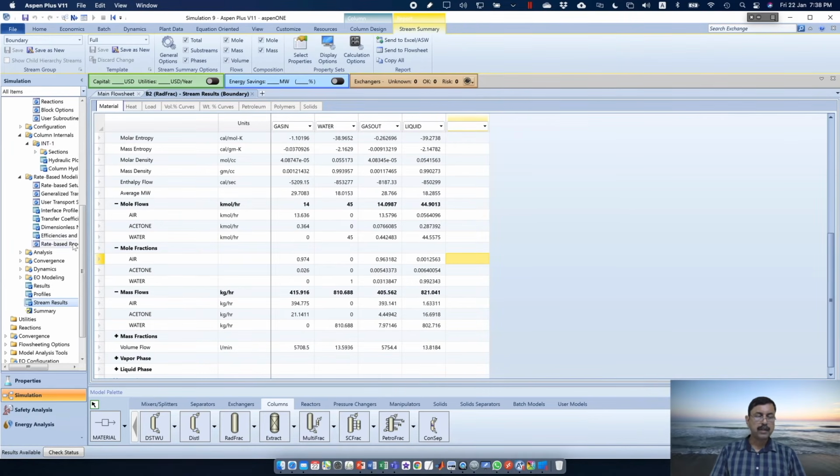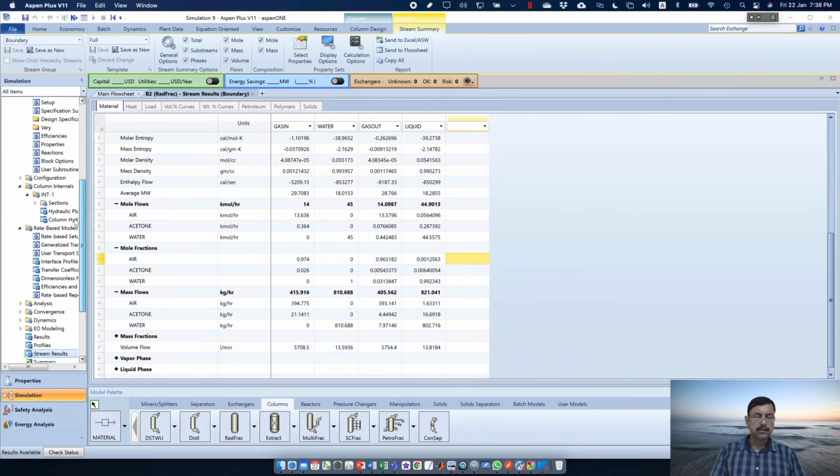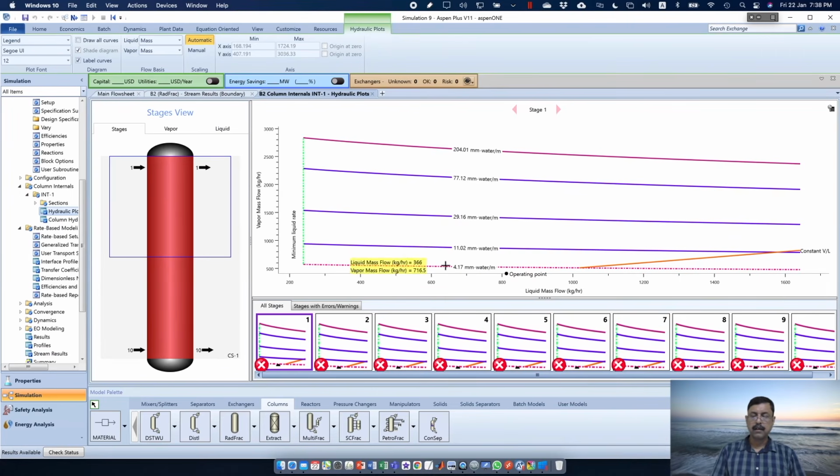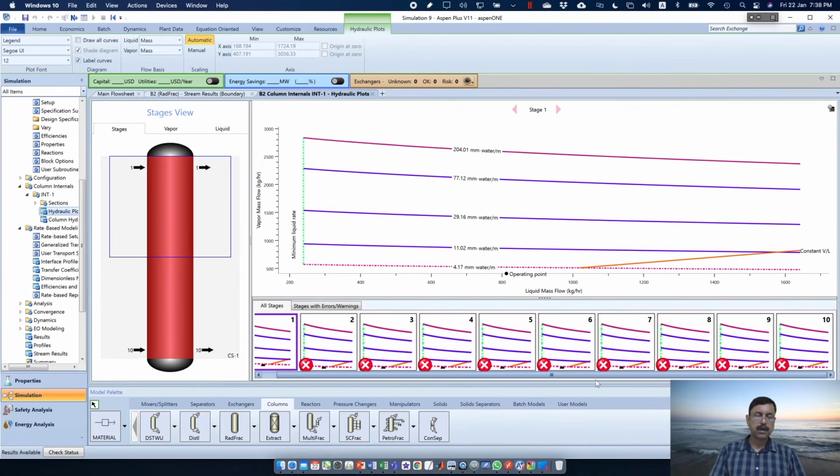Now our job is not complete. We have to see the hydraulic plot and understand whether there is any flooding and all. Well, all the trays are in bad shape. The entire column is in red. And the operating point, you can see the operating point is here. And this is the bottom line. What is this?